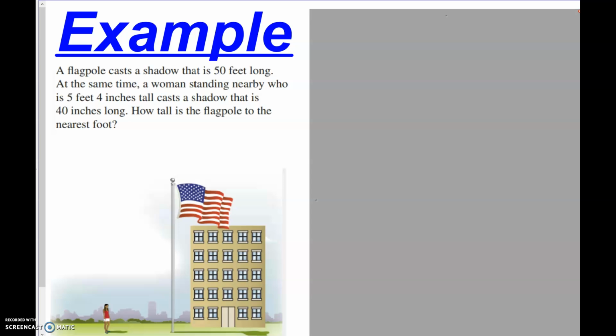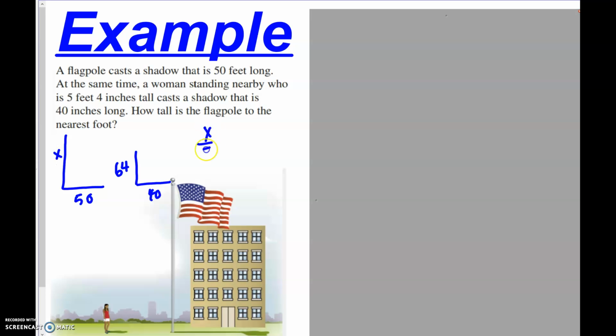All right, example here. We got a flagpole casting a shadow. So a flagpole casts a shadow that's 50 feet. At the same time, a woman standing by, she is 5'4". So what's that? 64 inches. Casts a shadow that is 40 inches long. Can we find this?